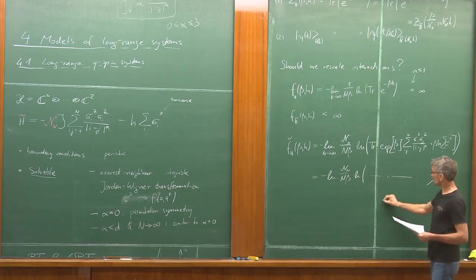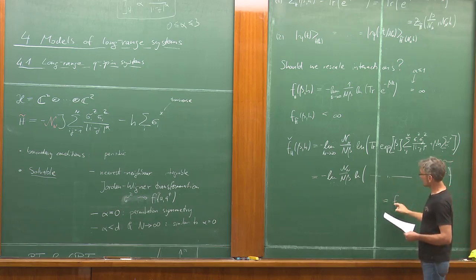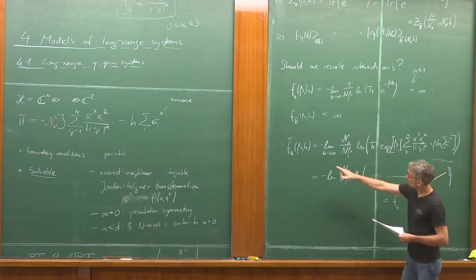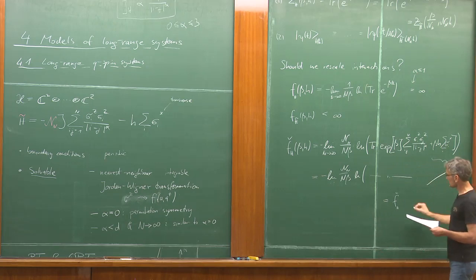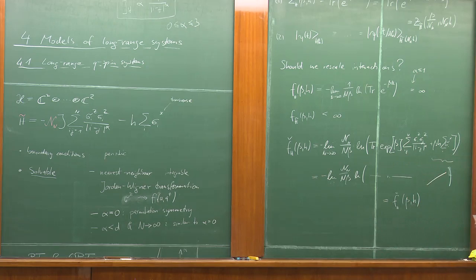And the result is, what we get is the free energy function, this funny one with a hat here, at the temperature beta and at no magnetic field. So I will lose the field dependence here.